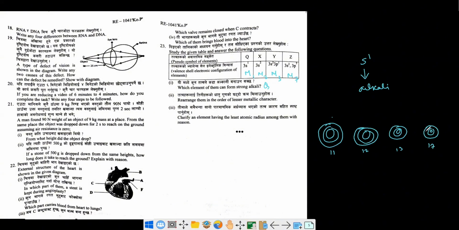Because of 17 protons, the size will be very small. That's why loss of electrons will gradually be less in this direction. So metallic character is high here. Okay, highest metallic character. So we have to arrange from lesser metallic character.